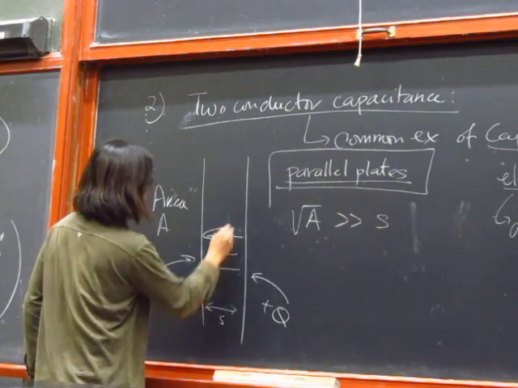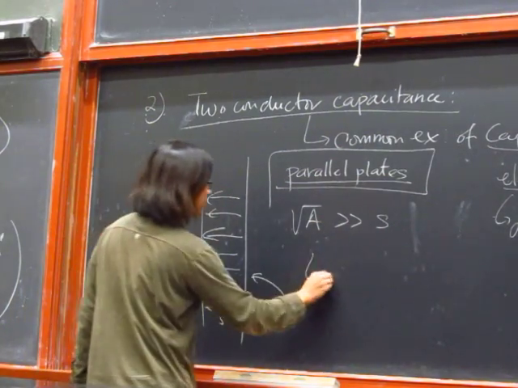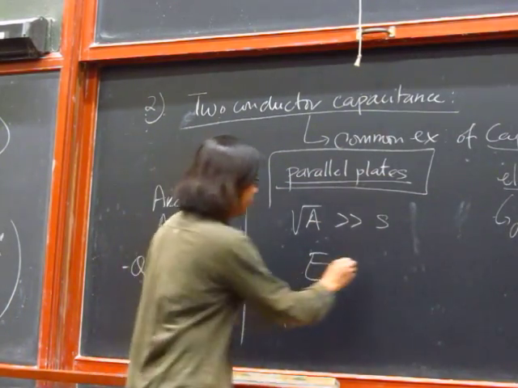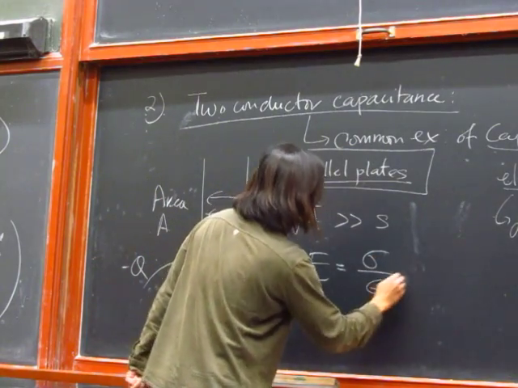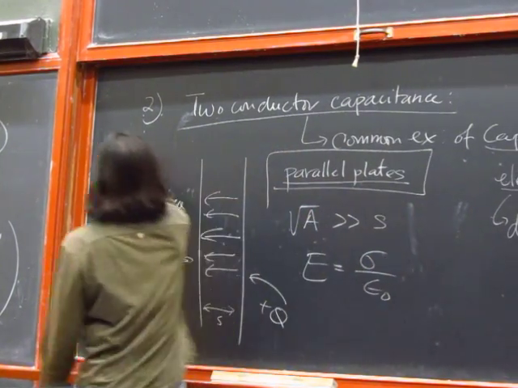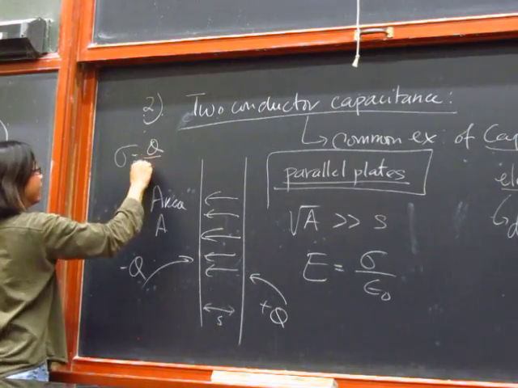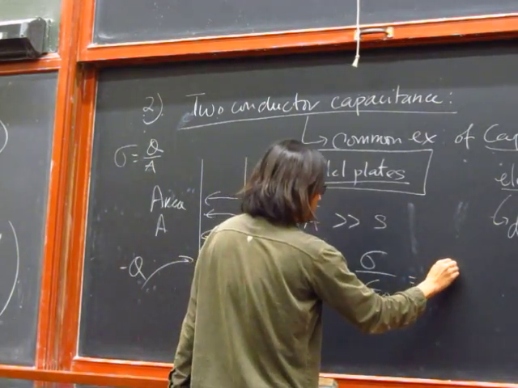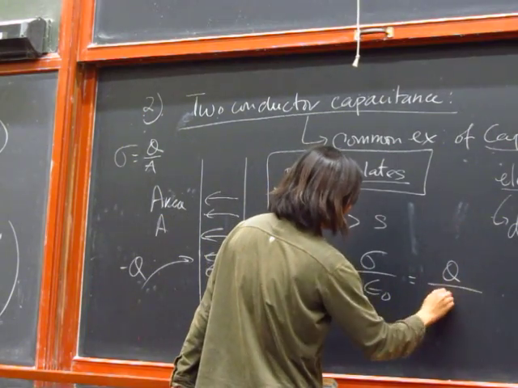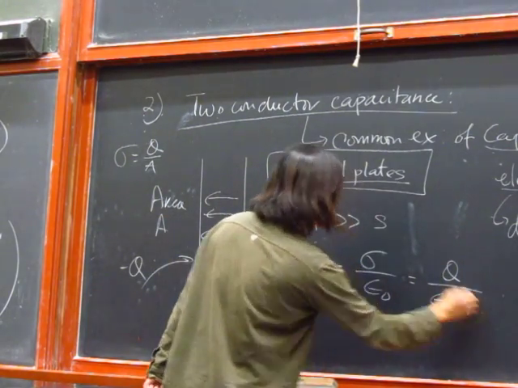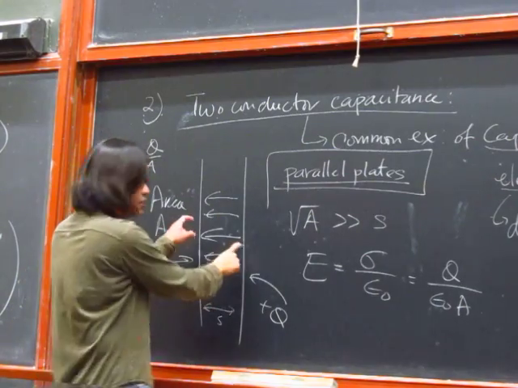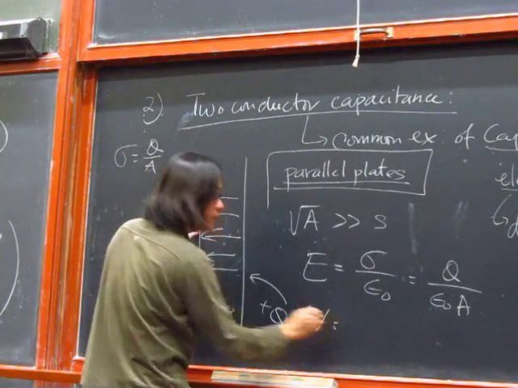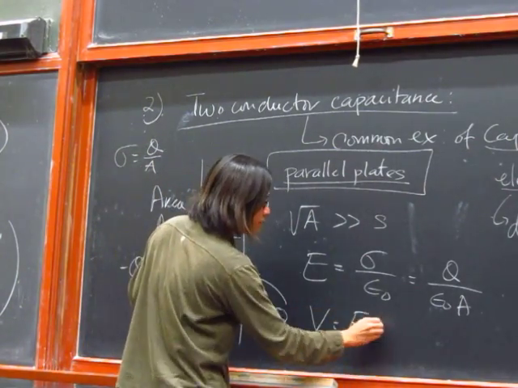And the electric field, as you know, is constant inside, and it's given by sigma over epsilon naught. And sigma here is Q over A, right? So this becomes Q over epsilon naught A, okay? And the potential difference V, again, is just E times S, right?